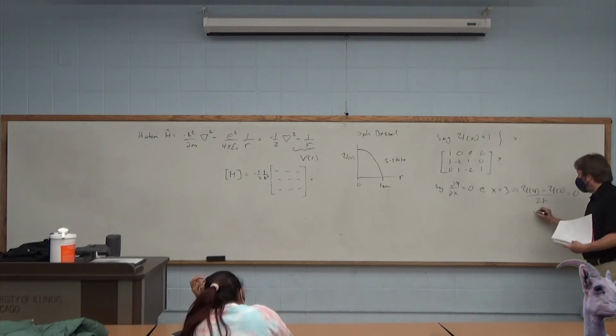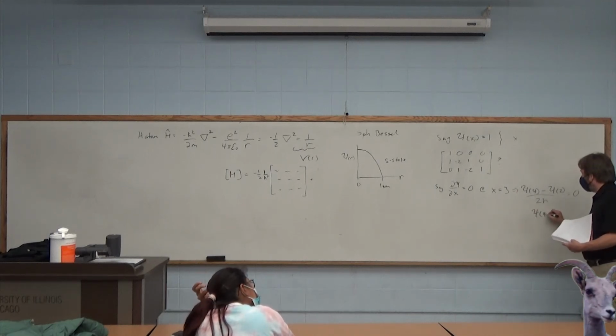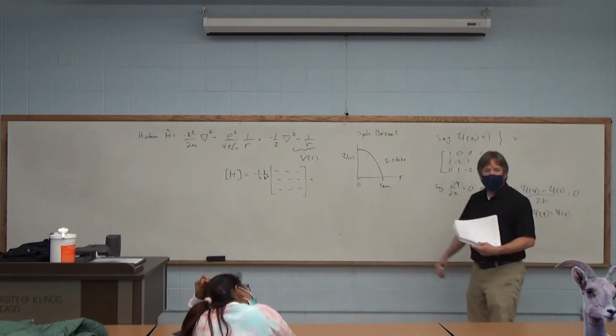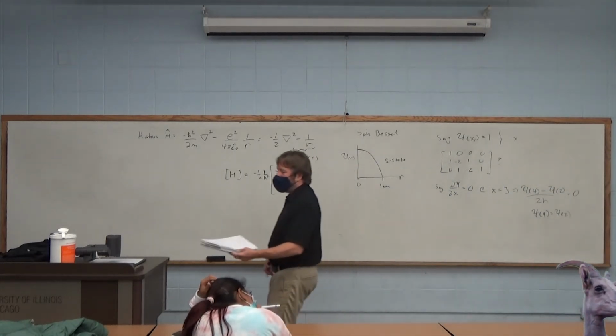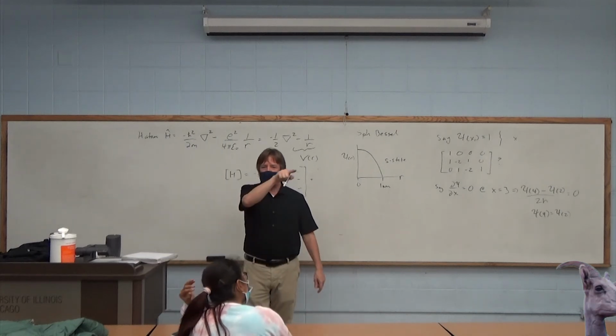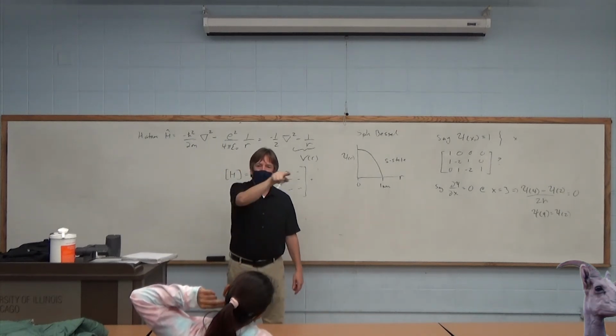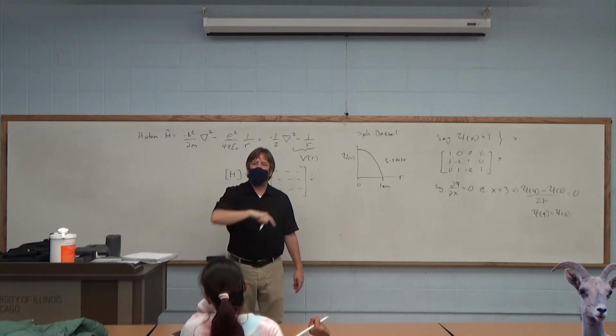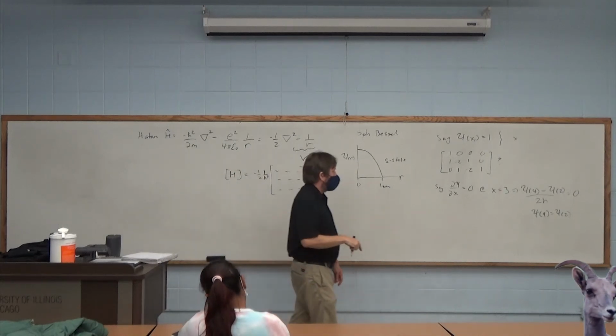And what that means is point 4 is equal to point 2. That's all it means. It's flat. If the slope is 0, then the wave function is perfectly horizontal. That means the points are all in a straight line.